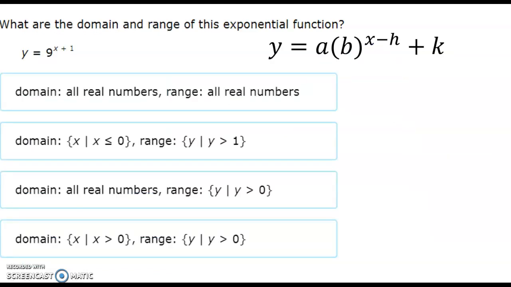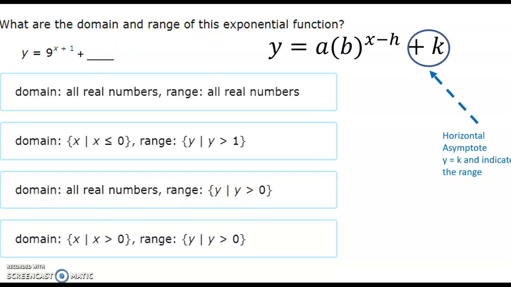Next example, what are the domain and range of this exponential function? We discussed earlier that the domain of exponential graphs and functions will always be all real numbers. Therefore, we know that our answer choice is either going to be answer choice number 1 or answer choice number 3. Next, we're going to look for what our k value is in this exponential function, and we find out that there's no value in the back here that represents k.